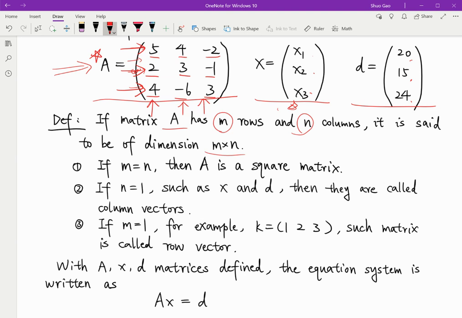So this matrix is said to be of dimension 3 by 3. A 3 by 3 matrix. And if m equals n, then A is called a square matrix. So in this example, they have the same number of rows and columns. So the matrix A here is called a square matrix.